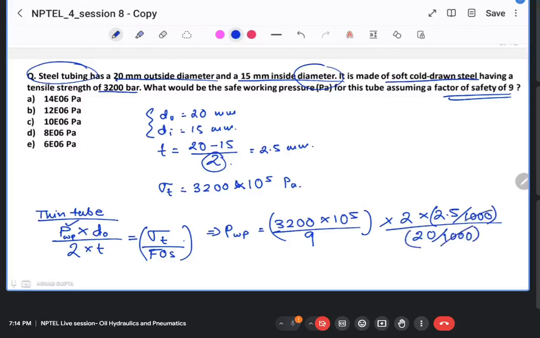So 3200 into 10 power 5 multiplied by 2.5 divided by 9.